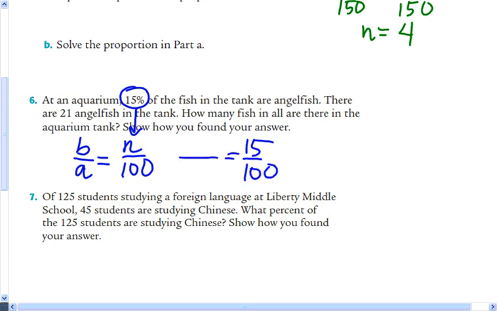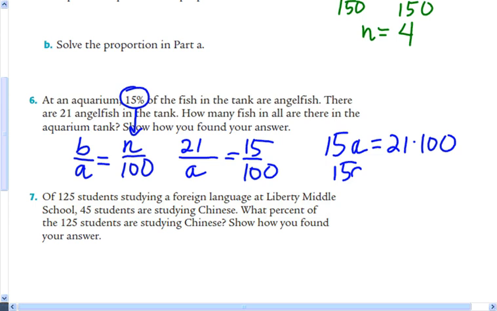And what that really means is that if I had 100 fish in the tank, 15 of them would be angelfish. Okay, and now it says there are 21 angelfish in the tank. Now 21 is just the angelfish, so that's just part of the whole. So I'm going to put 21 over A, and then I'm going to solve the proportion. 15 times A is equal to 21 times 100.